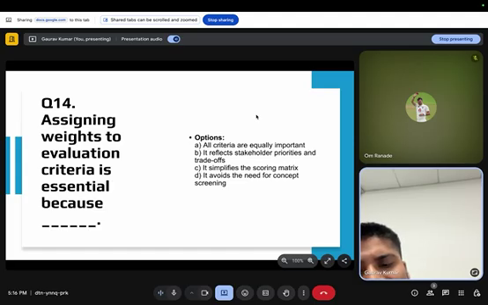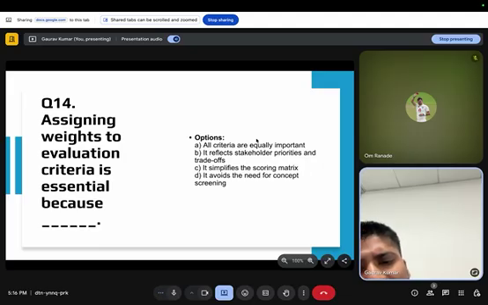Option D, it avoids screening, is unrelated to the weighting stage. The correct practice involves deriving the weights through consensus, often using pairwise comparisons or the Delphi method to balance diverse stakeholder perspectives.